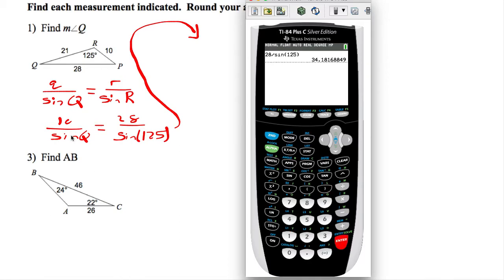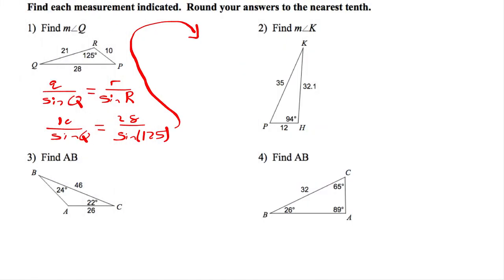And then don't forget, because this sine of Q is in the denominator, I can switch this value with the sine of Q. So then I get 10 divided by my answer, and that's sine of Q equals this. So I'm going to take the inverse sine of that value to get about 17.01. So I'm going to write that Q is about equal to 17.01 degrees.